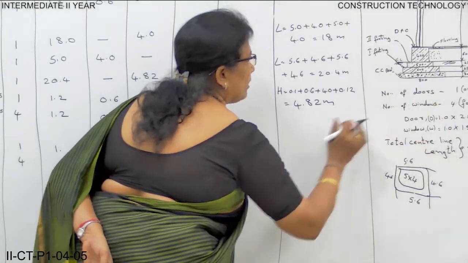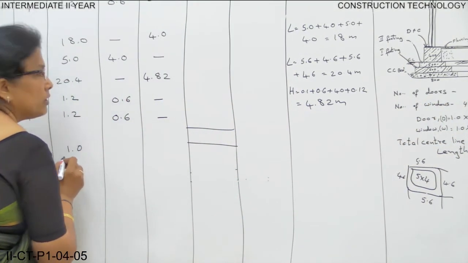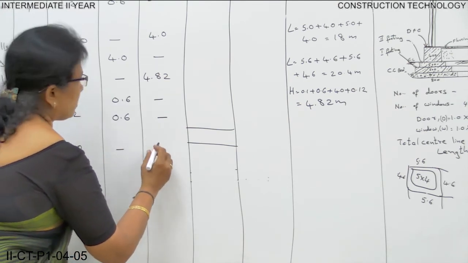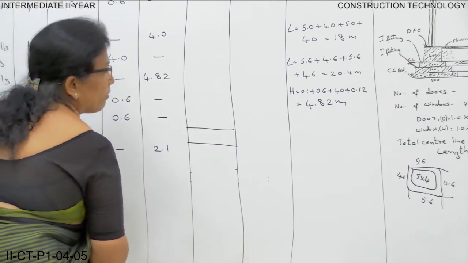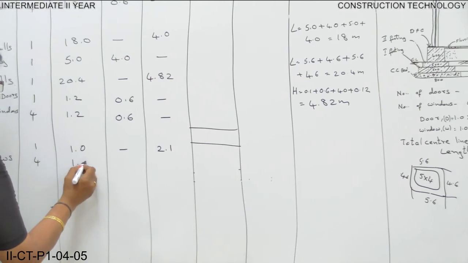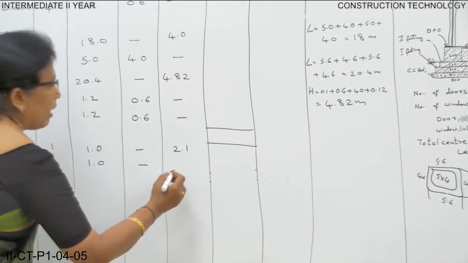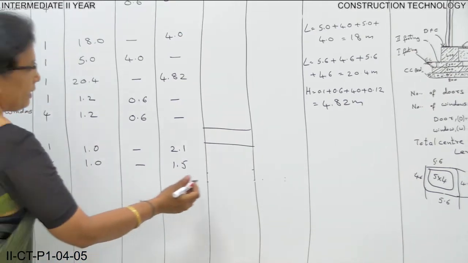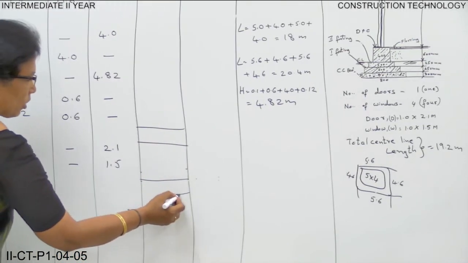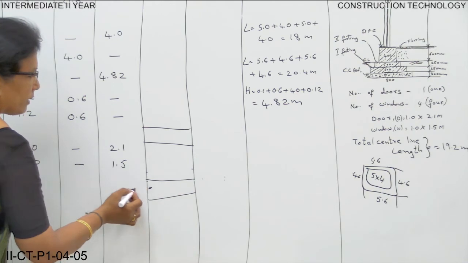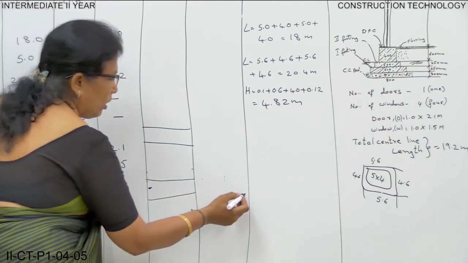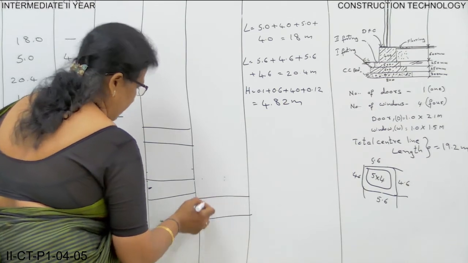Directly take the length and height of the door. That is 1.0 and breadth you don't have anything. Just height is 2.1, and window length is 1.0. Breadth you don't have. Height is 1.5. Multiply all. Write this in the deduction column. You will get this as, take this as minus value. From this answer you remove this and write the total quantity.